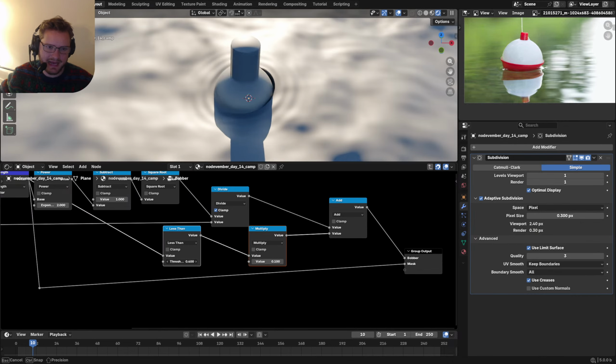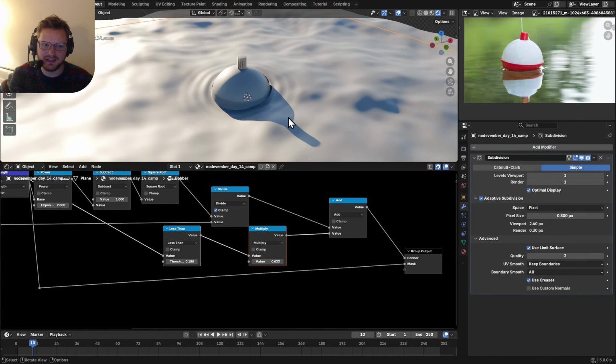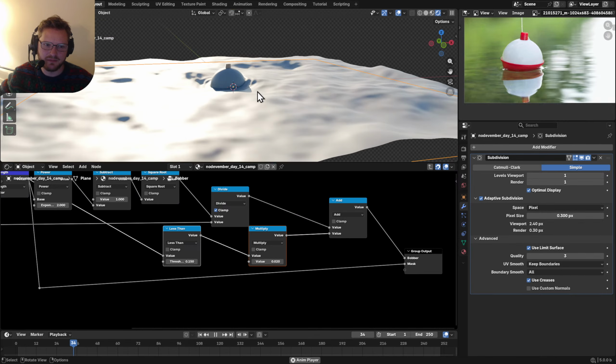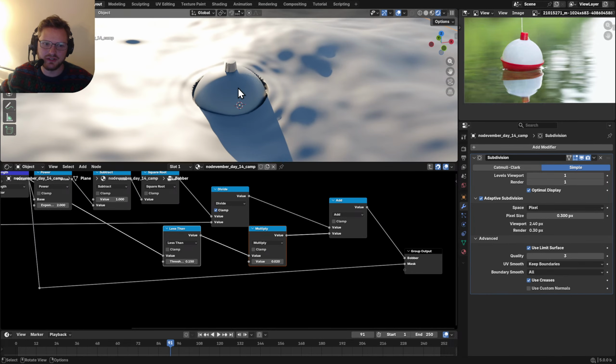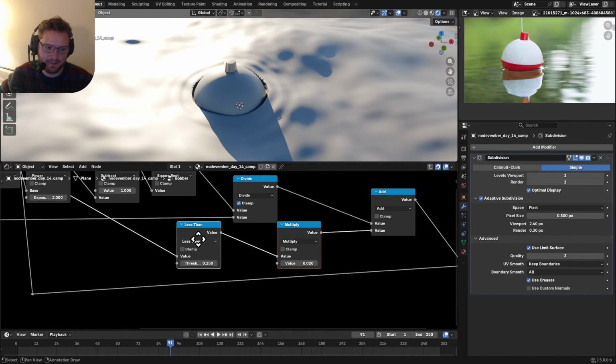And there's that little hat. So this is just kind of like geometry nodes with way less feedback. You just have to keep it in your head what you're doing. But that would work. And again, if you want to do vector displacement, you could get fancy where it rotates left and right and does whatever.